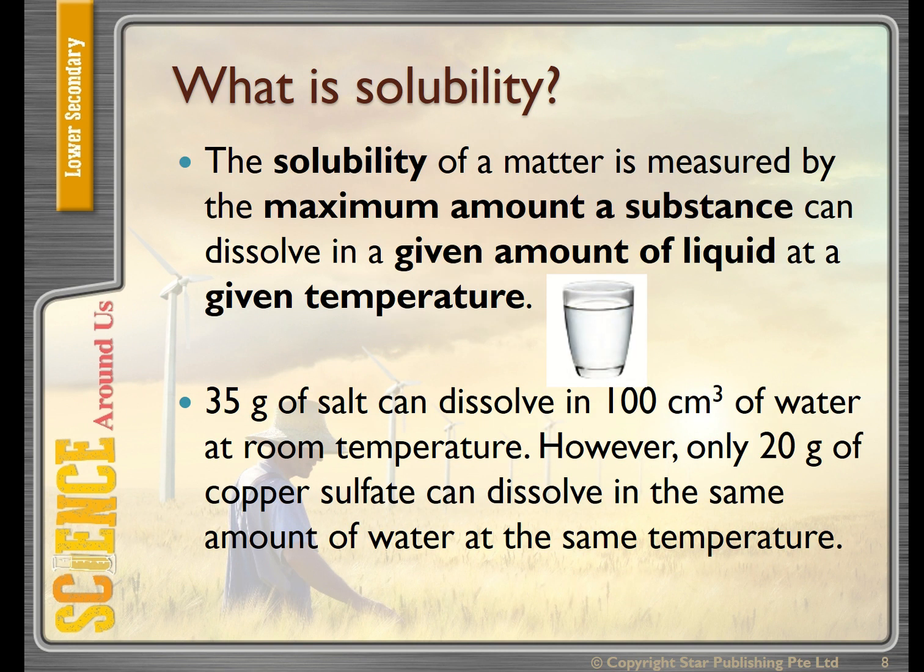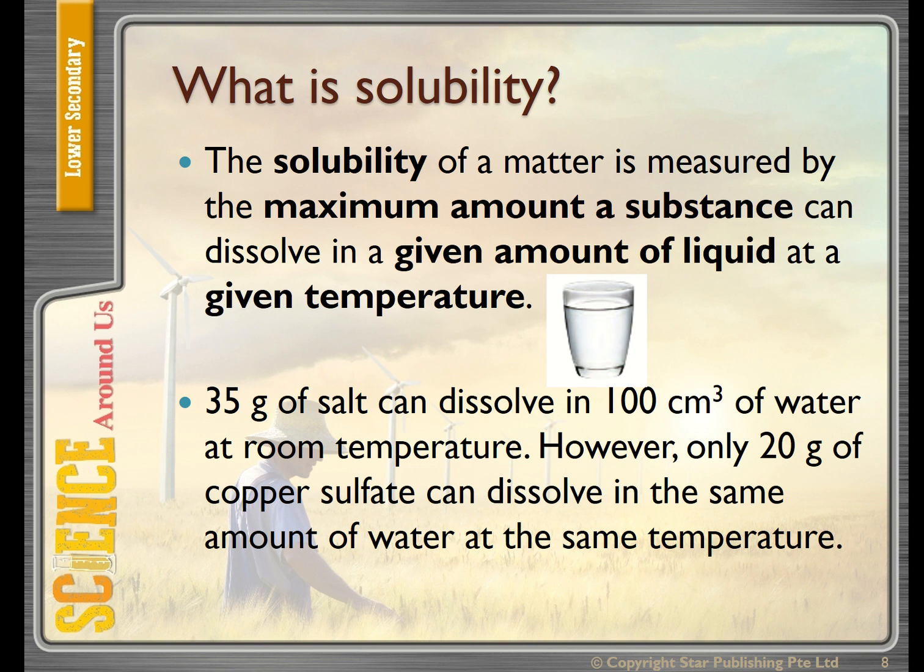Okay, third thing. Now the third physical property that we are looking at is called solubility. Now the solubility of a substance basically measures the maximum amount of substance that can be dissolved in a given solid at a given temperature.